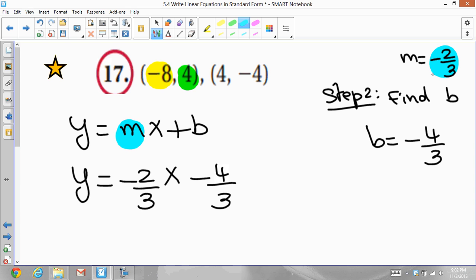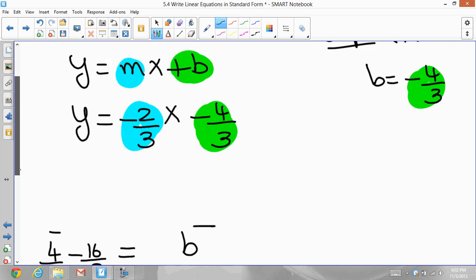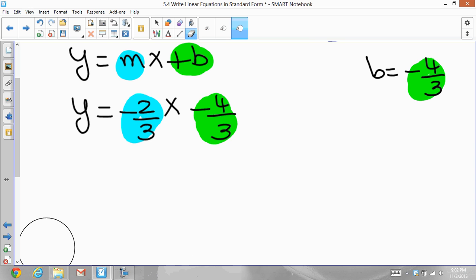Changing this from here to here to here, and changing my y-intercept to here, match the colors. So now I got this equation. In this case, I'm replacing my slope and my y-intercept, and I got an equation.